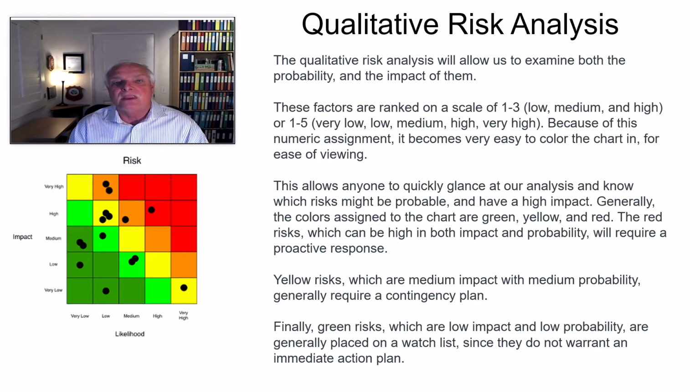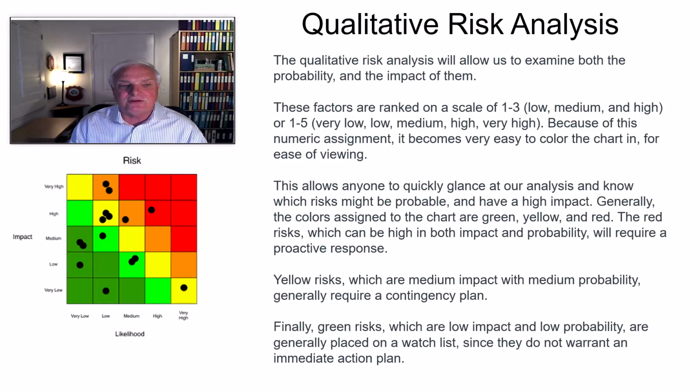Now, additionally, you need that qualitative risk analysis, which means you need to actually visually see what's going on. So a risk matrix, and this is a very typical risk matrix tool, gives you the ability to graphically map those same risks that you had on the risk register over into the risk matrix.